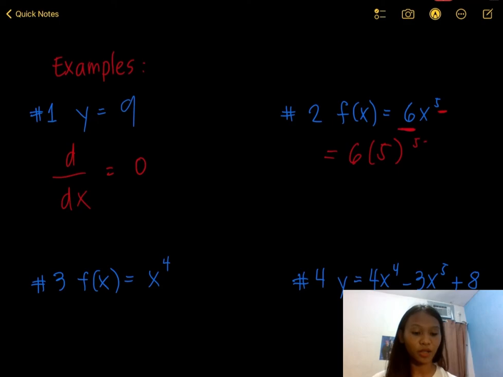So 5 minus 1. 6 times 5 is 30, x to 5 minus 1 is equal to 4. So the derivative of the function f of x is equal to 6x raised to 5 would be 30x raised to 4.